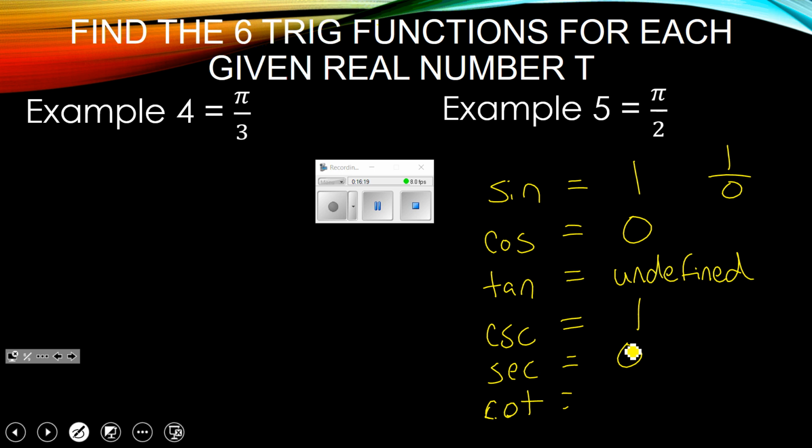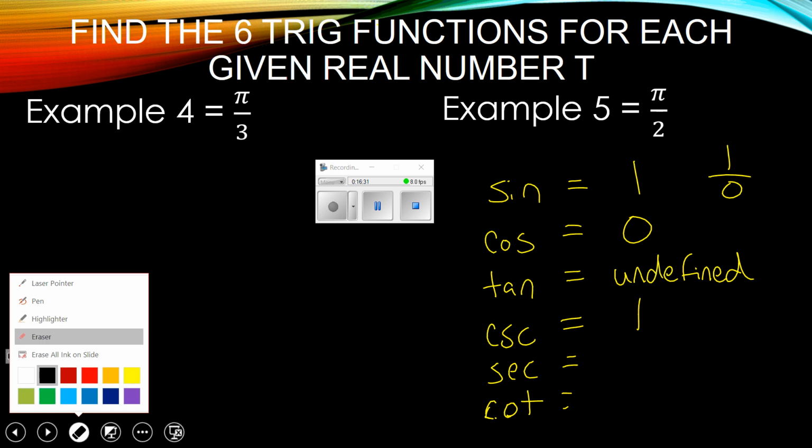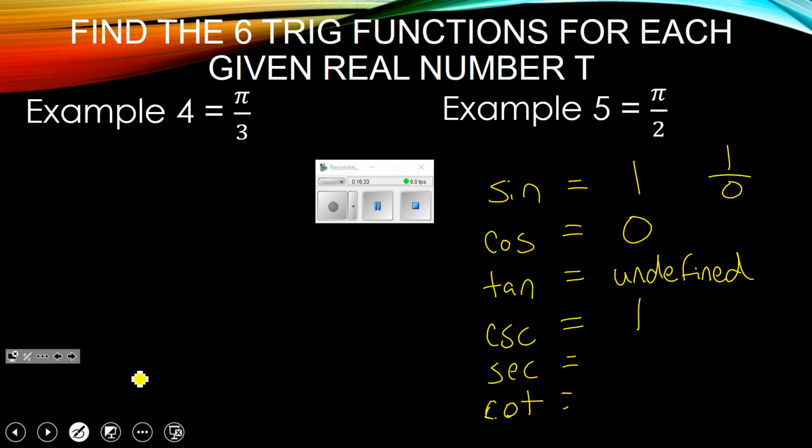It's still... Oh, let me think for just a second. Sorry, I'm not thinking. All right, here we go. So the reciprocal of 0 is going to end up being 1 over 0. I agree with you. It is undefined. And so the cotangent is going to end up being 0.